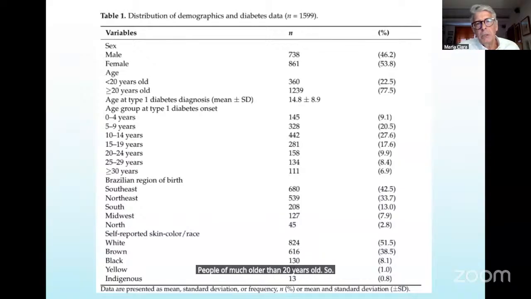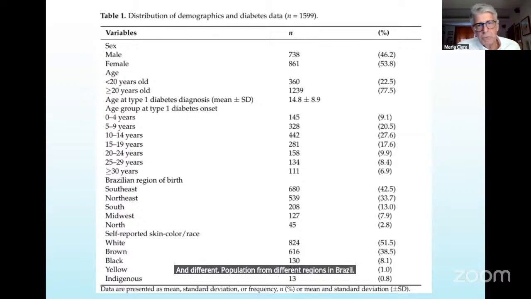So it was possible to compare in the future with these individuals that we use from the Brazilian Registry of Bone Marrow Donors. We will see later the association with the onset, people that started with diabetes very early, before 4 years, between 5 and 9 years, in different proportions, and different populations from different regions in Brazil.